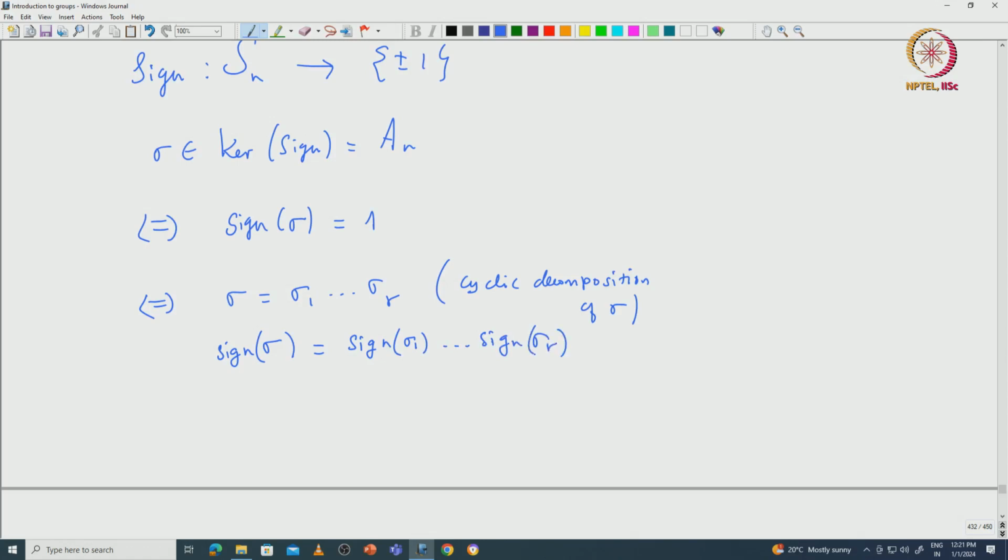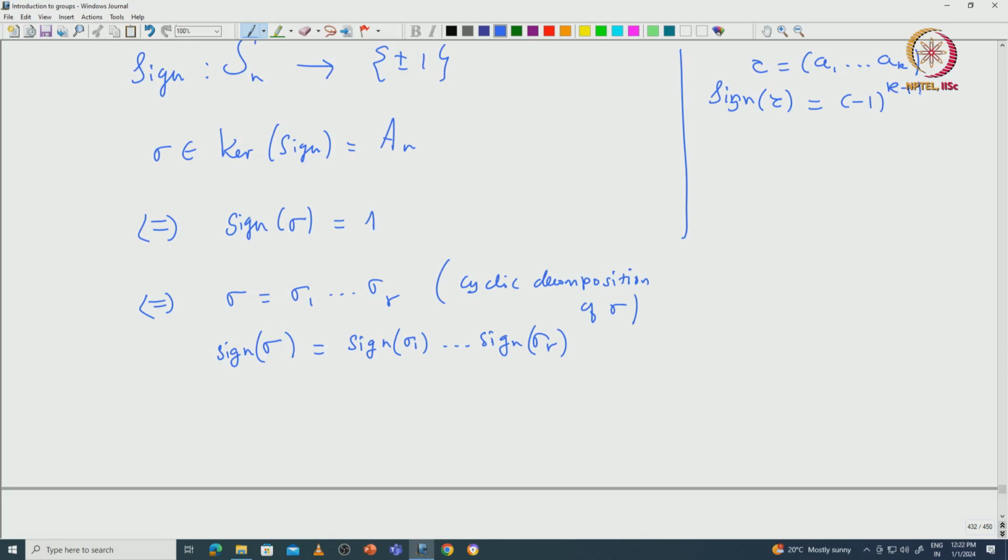But what will be the sign of sigma_1? I will leave it as an exercise. For the sign of any cyclic permutation, if you write tau as a cyclic permutation (a_1 ... a_k), then the sign of tau is exactly going to be (-1)^(k+1).